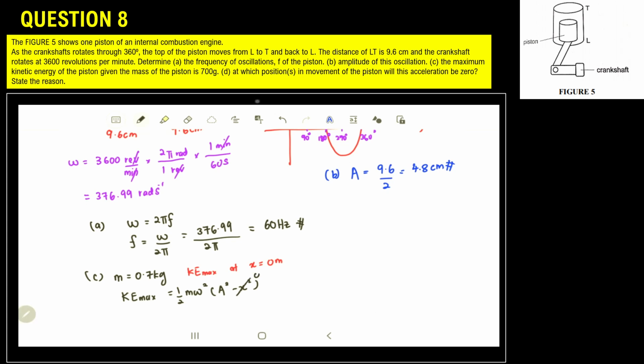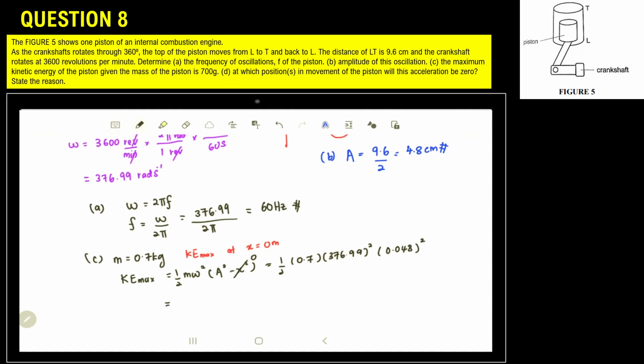So we substitute half, mass is 0.7, omega is 376.99 squared, and the amplitude is 0.048 meter squared. Make sure you press your calculator carefully. The maximum kinetic energy is equal to 114.61 joule.